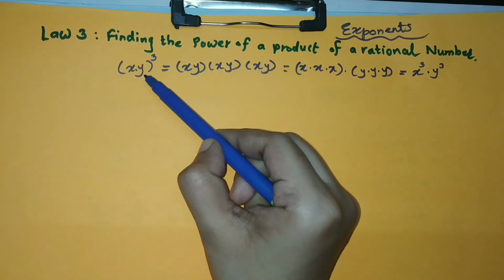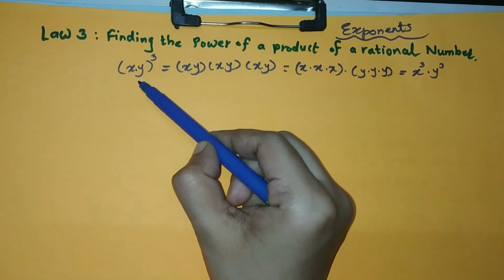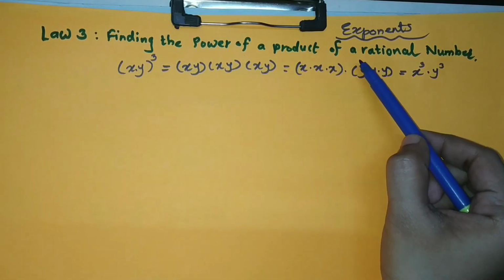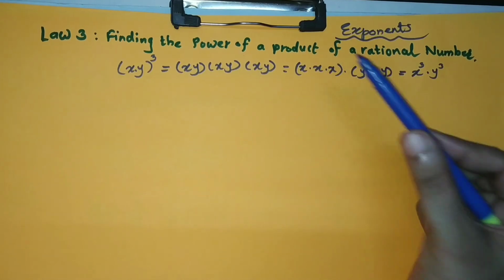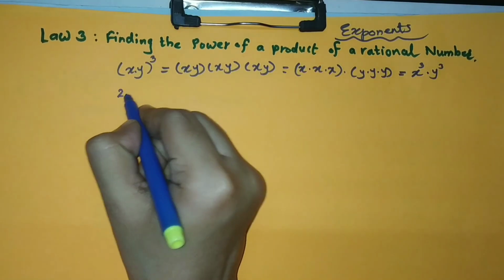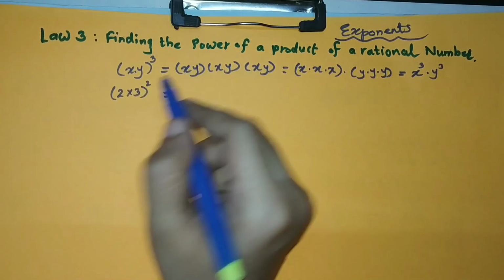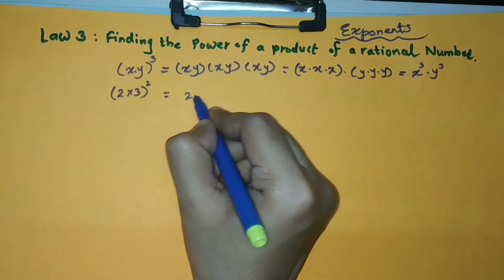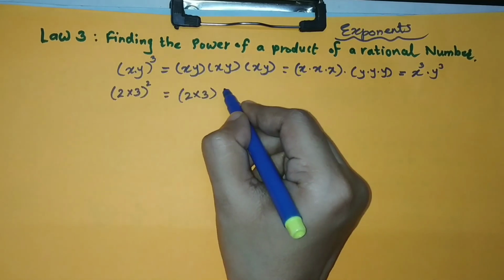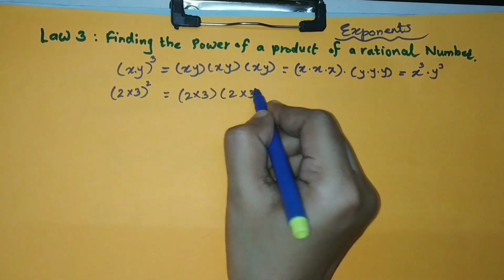So when you are having the power of a product of rational numbers, you can write it like this. For example, just take one more example, (2 multiplied by 3) to the power 2. What does it mean? It is nothing but 2 multiplied by 3, 2 times.